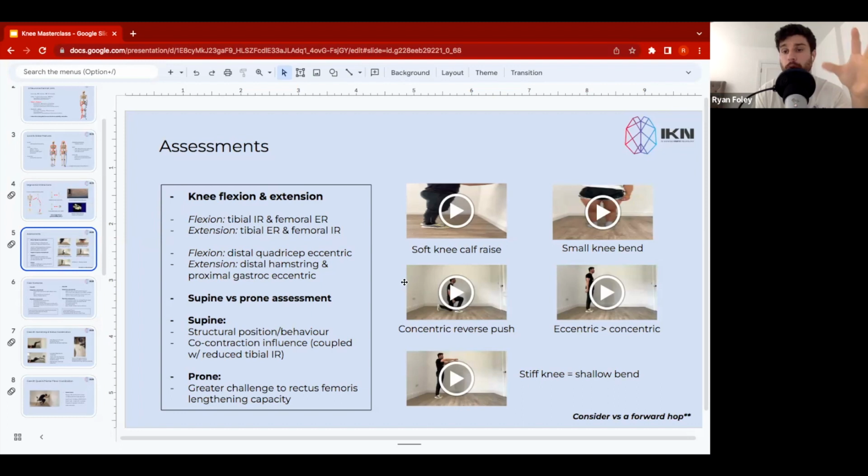But when you go into a prone position, they may be able to move further into flexion before they experience that pain, or they may be able to move through a much greater range of motion, maybe full range of motion in a prone position. Because what you're doing in a prone position is allowing the rec fem to lengthen much more. So you're giving the knee a greater chance to spread the load into the rec fem, whereas the supine position will give us a more focused assessment on the structural interaction between the tibia and the femur.